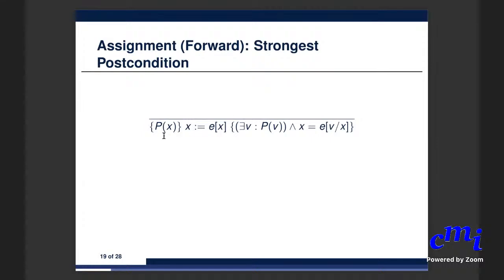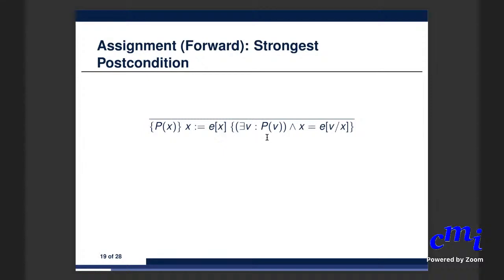So if you start with some predicate P, then you have this assignment X for E, where you have some expression which can involve the variable X also.